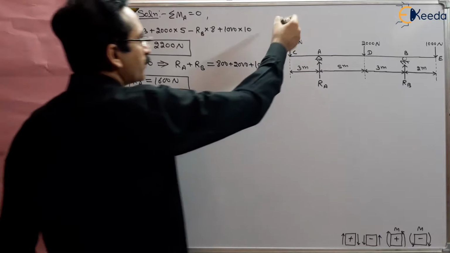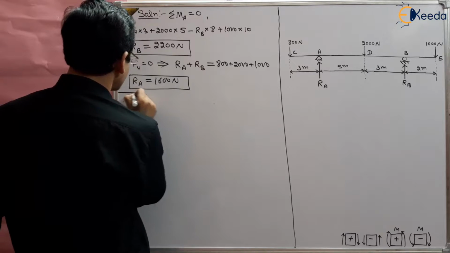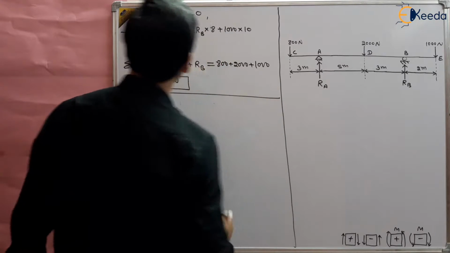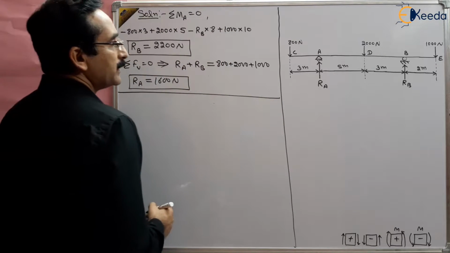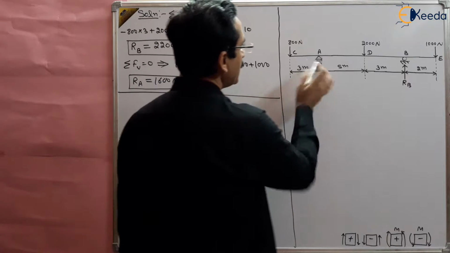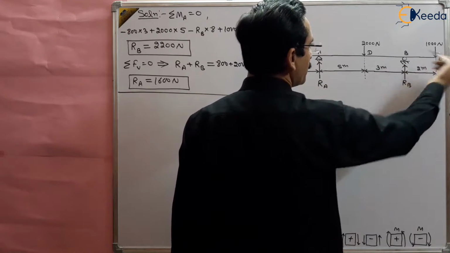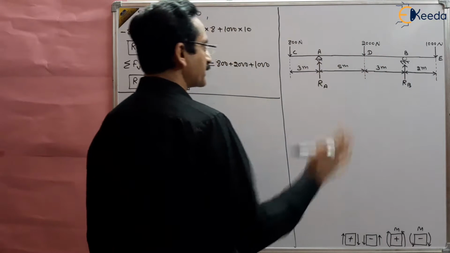Now we want to find out the shear force and we can draw the shear force diagram. Find out the value of shear force. Take the section; we have to take many sections. For CA, one section, for AD, another section, for DB, one section, for BE, another section. We have to take 4 sections here.